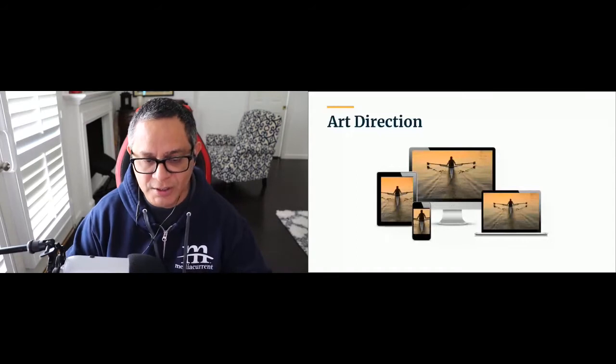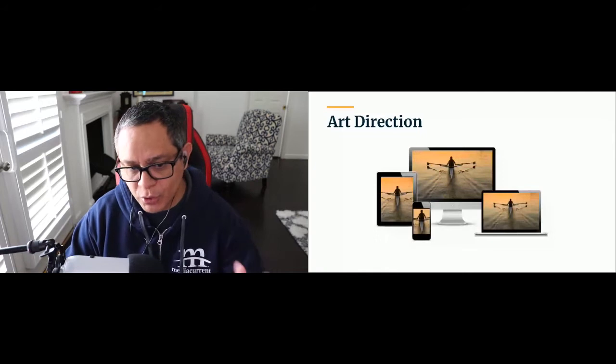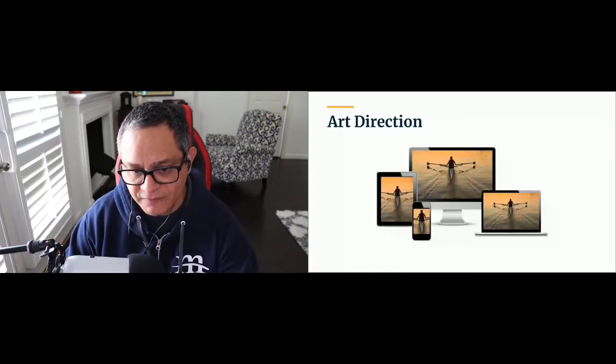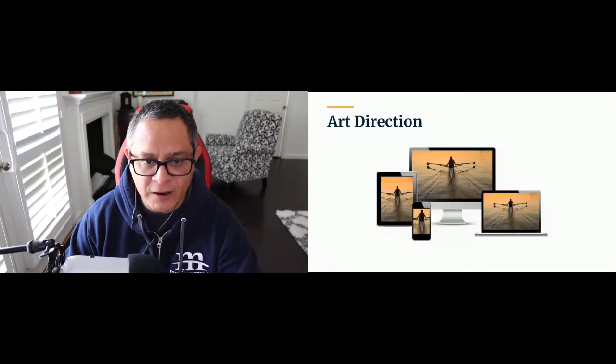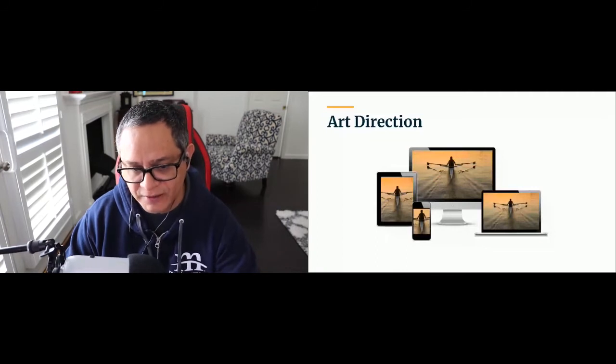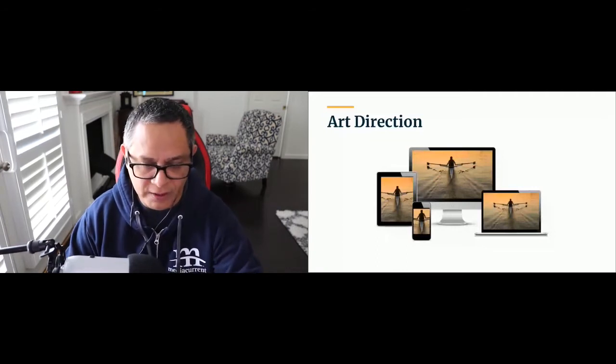We don't need to see everything else. So being able to crop our images based on the device that we are planning to display this on is what, in the context of images, is typically called art direction, right? It is being able to selectively say, for this small device, I want this piece of the image to display, not everything else.